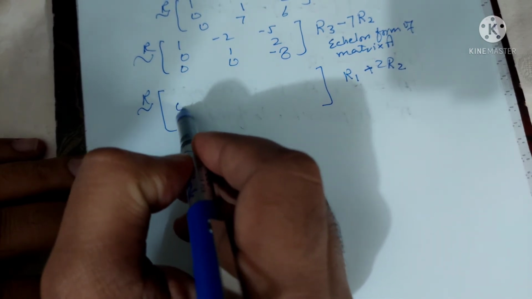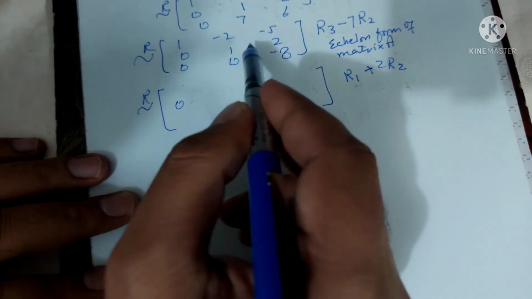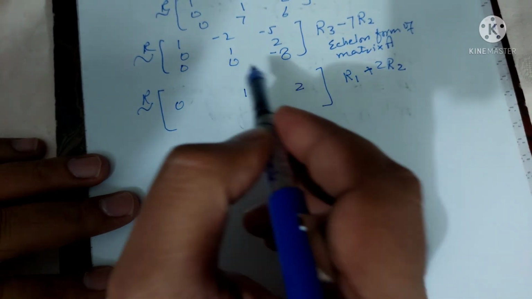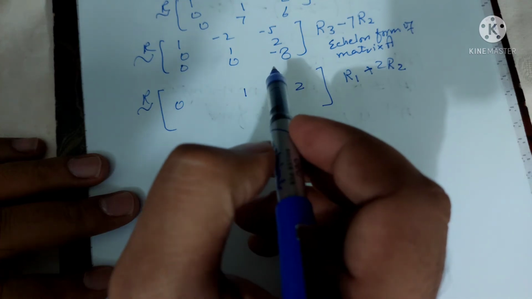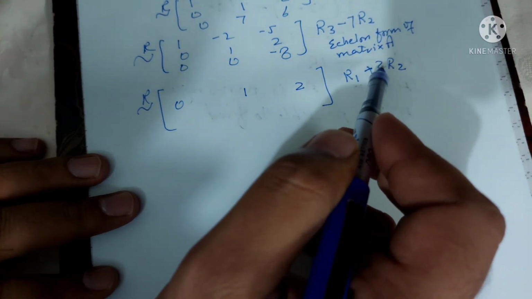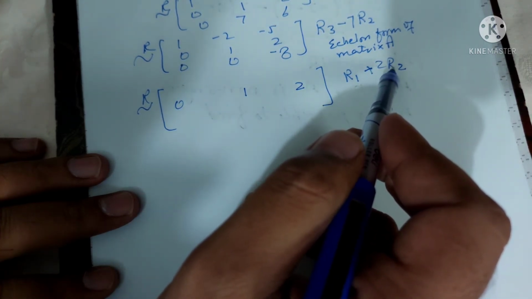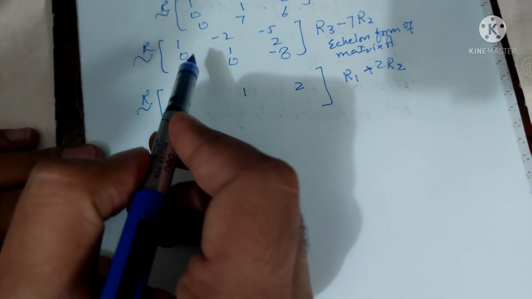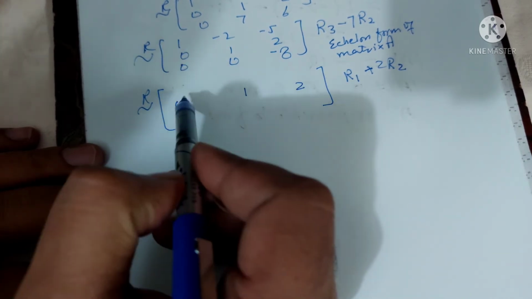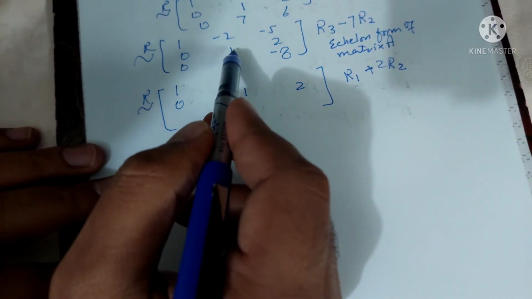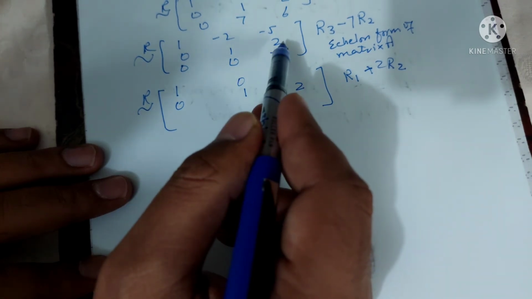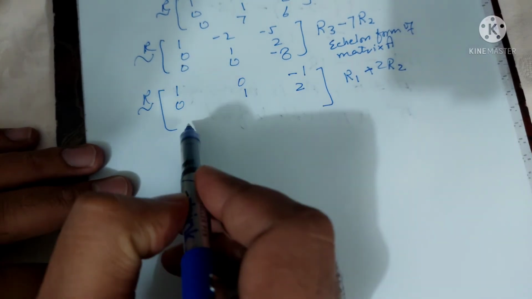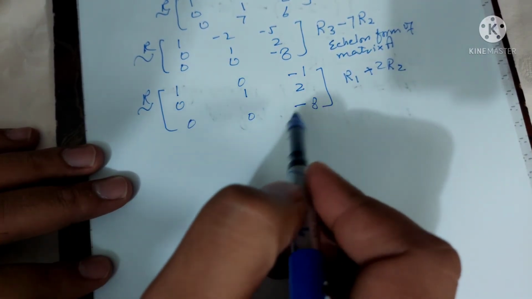The second row will remain as it is because we are bringing no changes in the second row. So multiply 2 with every element of R2 and then add to the corresponding element of R1. So 2 zeros are 0 plus 1 is 1, 2 ones are 2, 2 minus 2 is 0, 2 twos are 4, 4 minus 5 is minus 1, right? And 0, 0, minus 8.